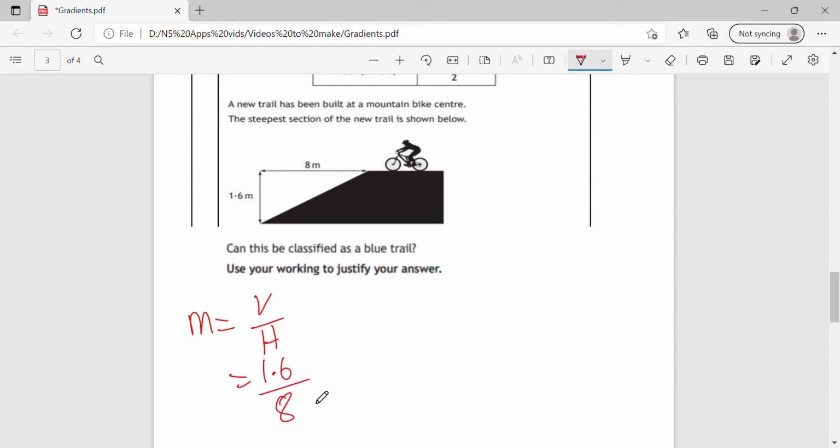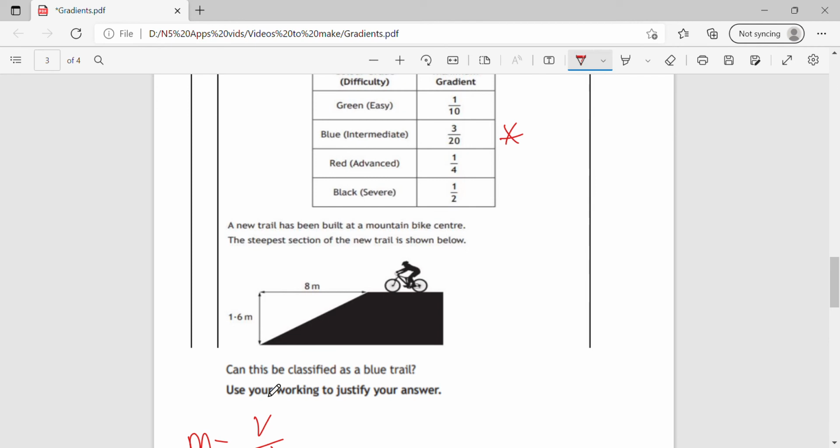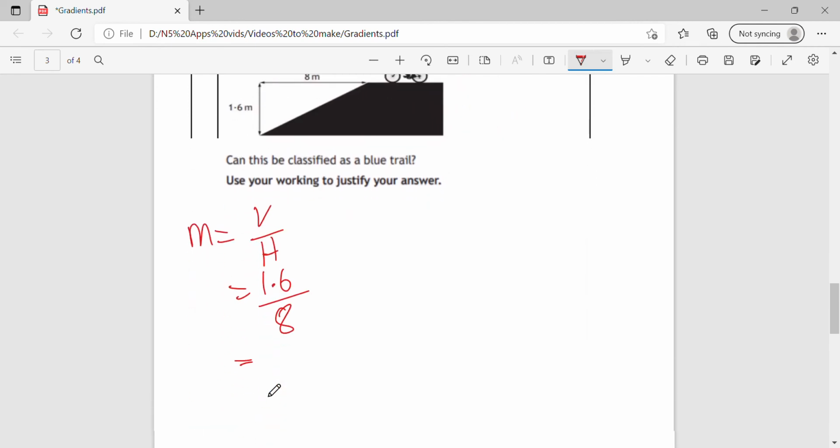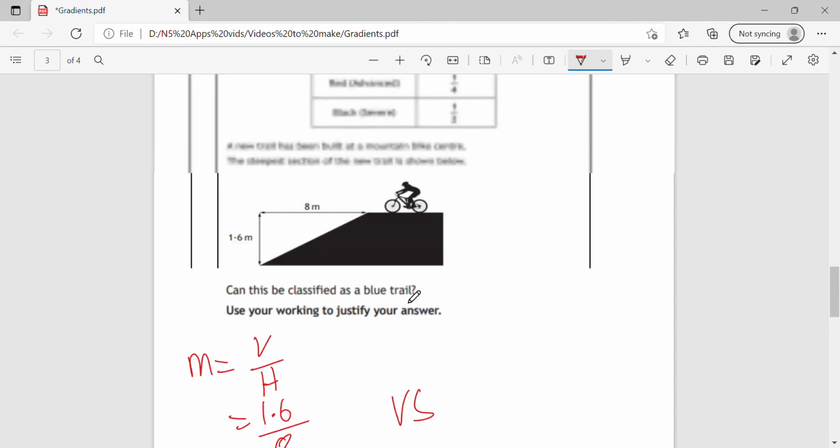Okay, and we could technically simplify that down, but because we're then trying to compare that with 3 over 20, what I would always say to do, especially if you maybe struggle with fractions more, is turn them into decimals just by doing division. So 1.6 divided by 8 is 0.2, and we're then comparing that with 3 over 20.